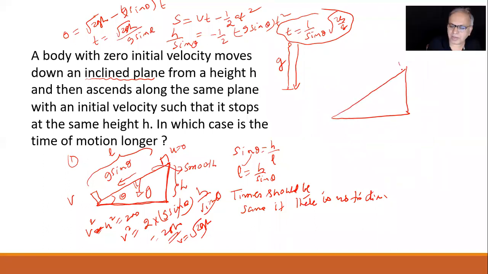You drop a body down here from some height h. This can be theta, for example.